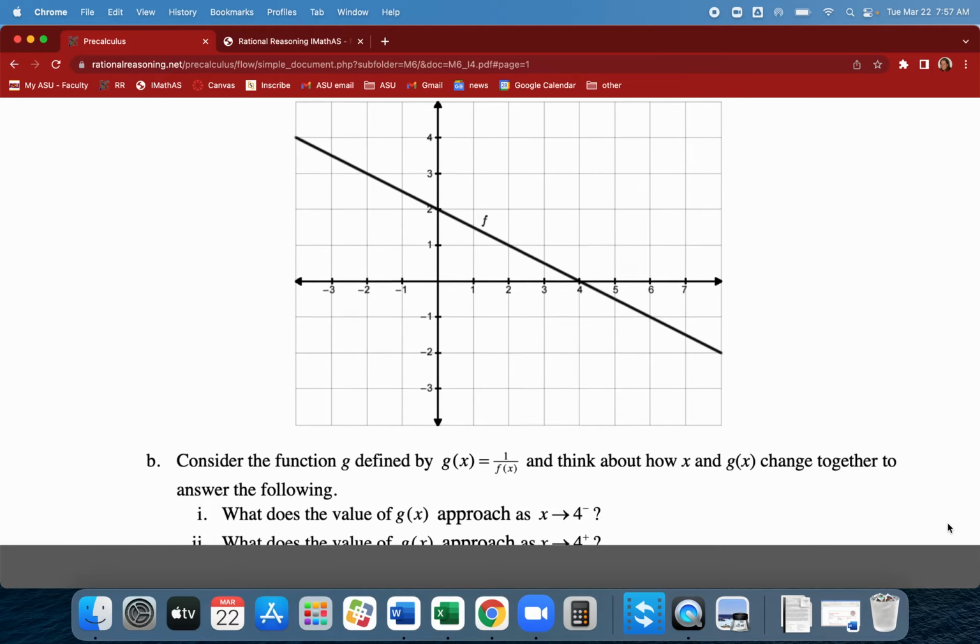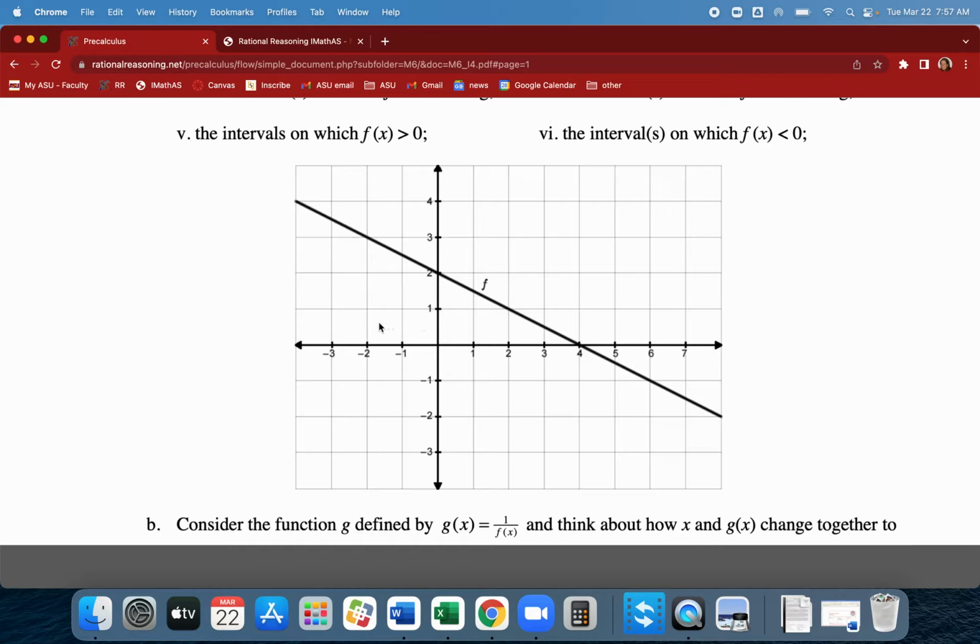Looking at this graph, and this boundary line at 1, anything above this line, if I take reciprocals of these y values, they're all going to become closer to 0. But they're going to be positive, so they're all going to squish in between 0 and 1.